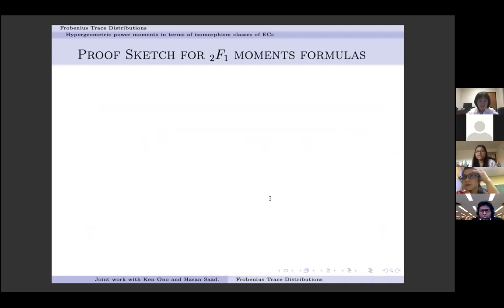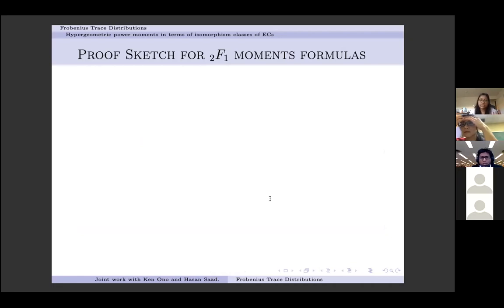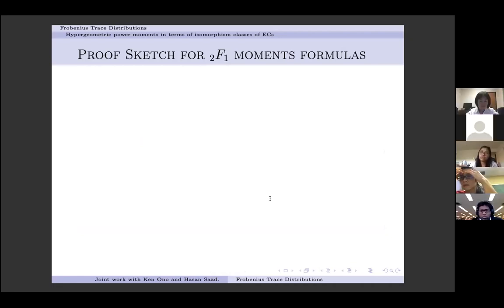Now we'll see how the 2F1 moments come about. Since the 2F1 function is associated with the traces of Frobenius of Legendre normal form elliptic curves, everything becomes a matter of calculating the moments for the traces of Frobenius of these Legendre form elliptic curves. So we organize the Legendre form elliptic curves in their F_q isomorphism classes.